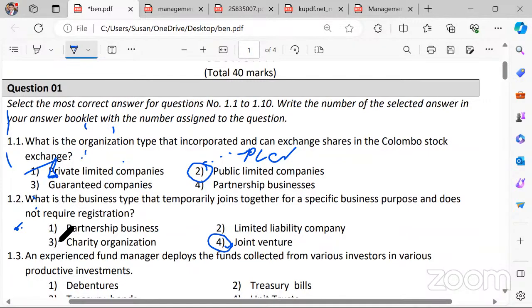We can join together, but we are not partners of one single company. We have an agreement, that is a joint venture. Once the highway construction is finished, it is automatically dissolved. And the two companies can decide under which company we are going to bid for the tender.